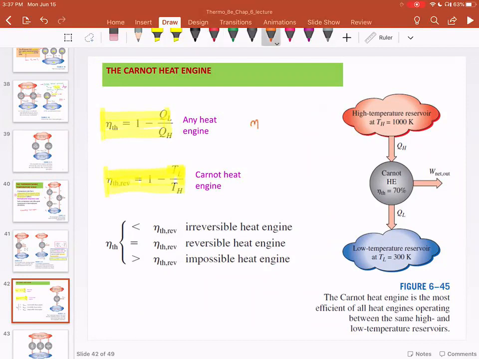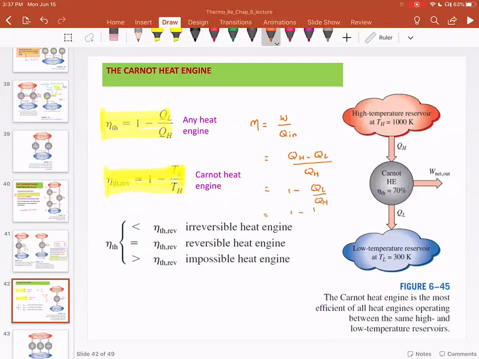So the efficiency of the heat engine is work divided by Q in. So this is QH minus QL divided by QH. That leads to 1 minus QL by QH.